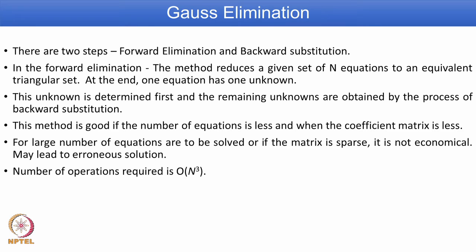The number of floating point operations required in the Gauss elimination method is of the order n cube. Today most of the programs are parallelized to get results quicker, with the turnaround time for computation as short as possible. In such a case, we should have a matrix inversion procedure that is also parallelizable. The Gauss elimination procedure is not parallelizable.